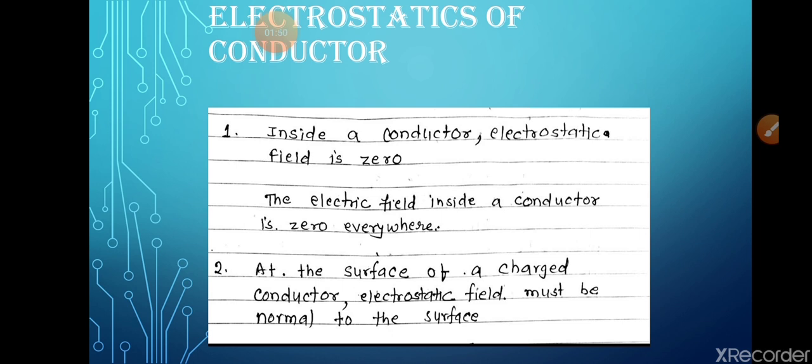Therefore, the component of electric field along the tangent to the surface of the conductor must be zero. That is E cos theta equal to 0, where theta is the angle between the electric field and the tangent. E cos theta is 0, so theta is 90 degrees.